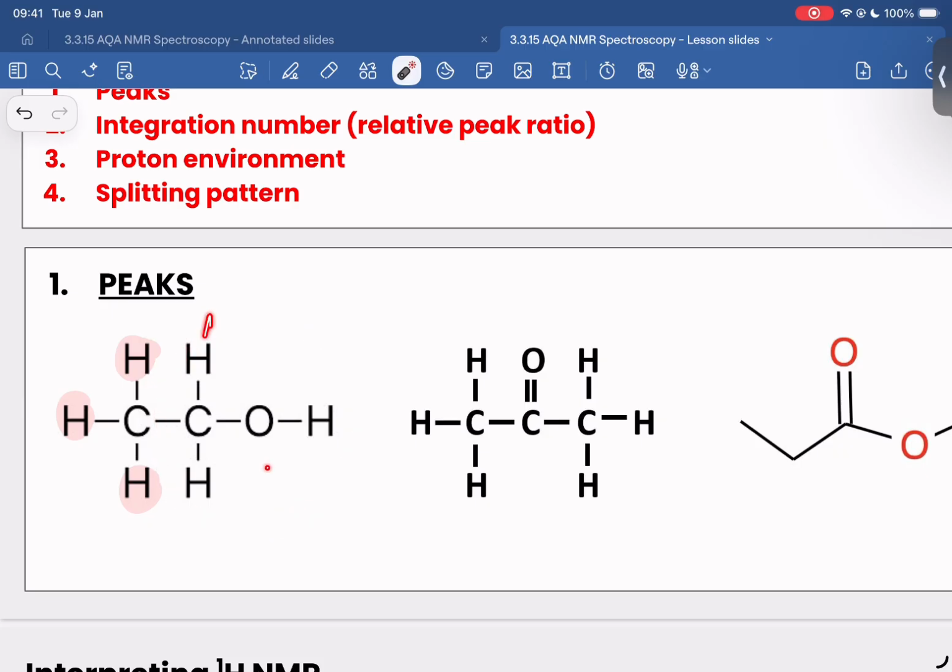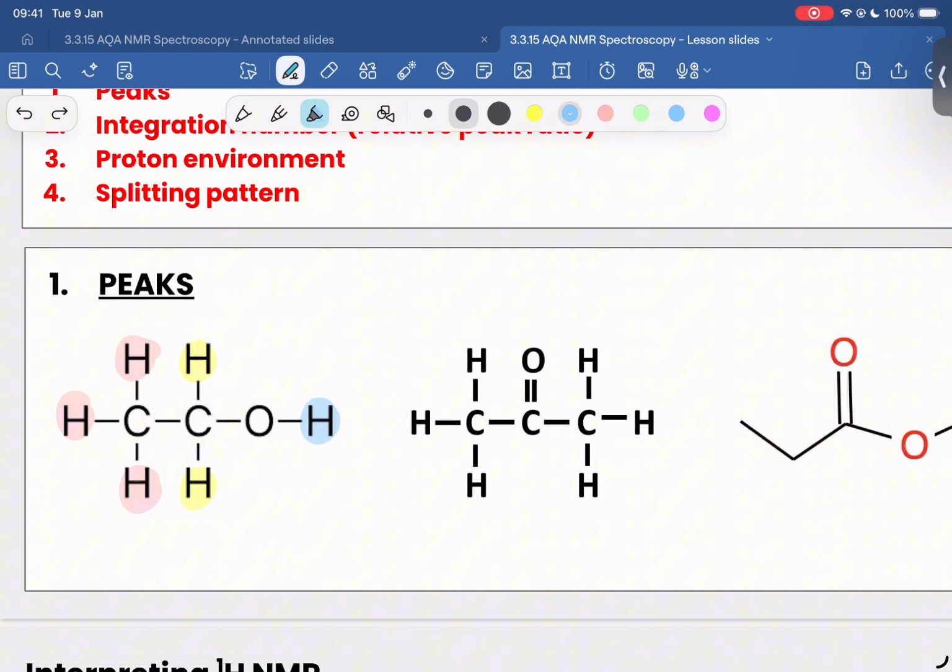You've got CH2 and you've got an OH that's attached to each of the hydrogens, which means that that's one peak. The other one, these 2 hydrogens, same environment, and this hydrogen is also the same environment, which means that you've got 3 peaks. I hope that makes sense.